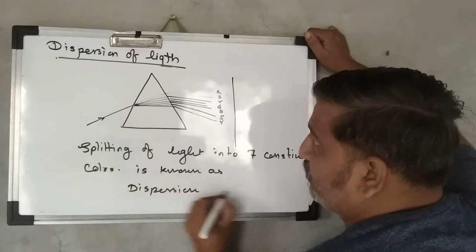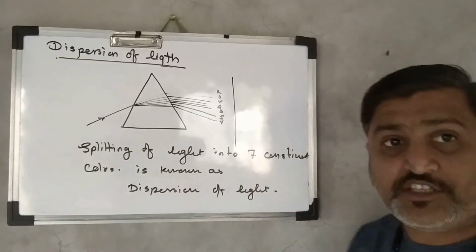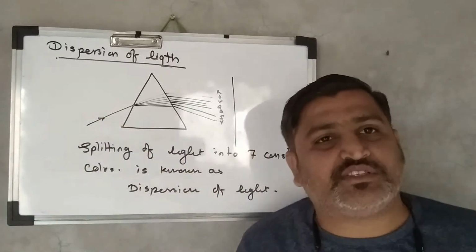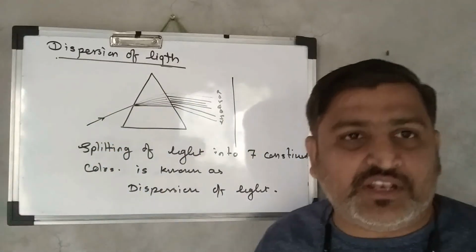Okay, so this definition you can keep in mind. The splitting of a ray of light into seven different colors is known as the dispersion of light.